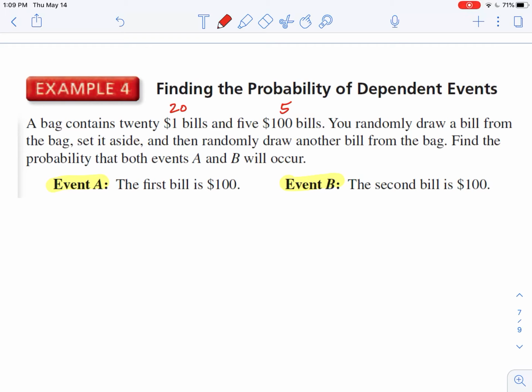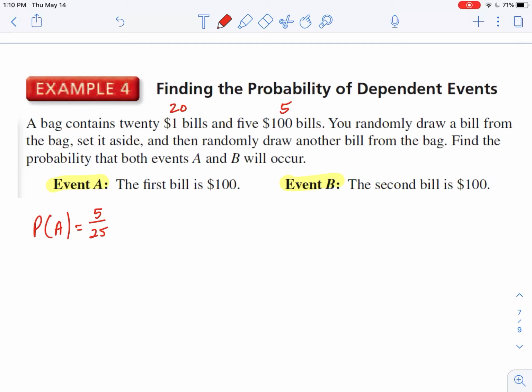So let's make sure we understand how to find the probability of event A. Well, if it's the first bill that we're looking for and we want that first bill to be a $100 bill, we have 5 $100 bills to choose from out of 25 bills in total.